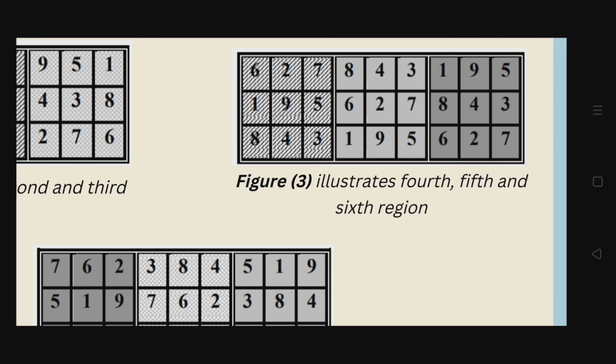So our fifth region comes from the second region. Then the process is the same, we shift the first, second, and third columns to second, third, and first columns. Then it continues to the sixth region. Our sixth region, of course, is based on step 3.